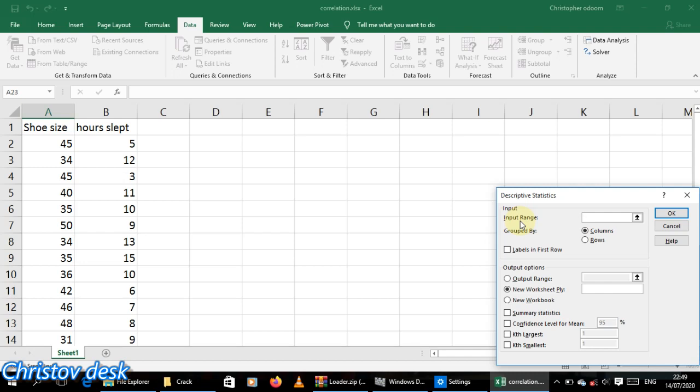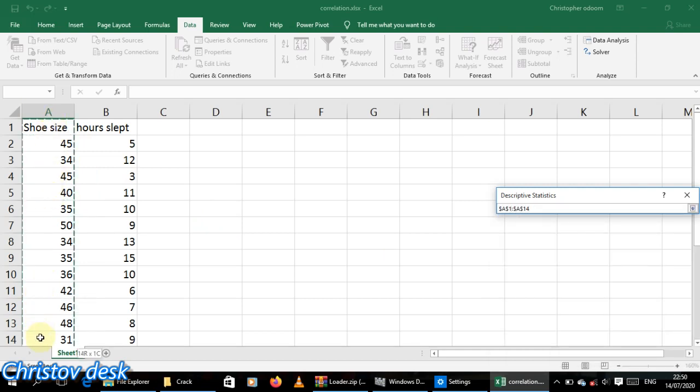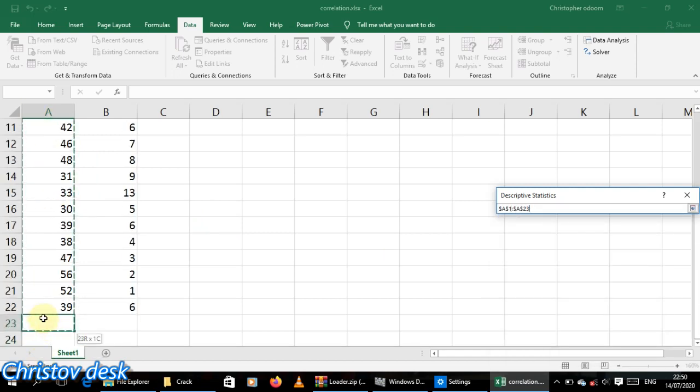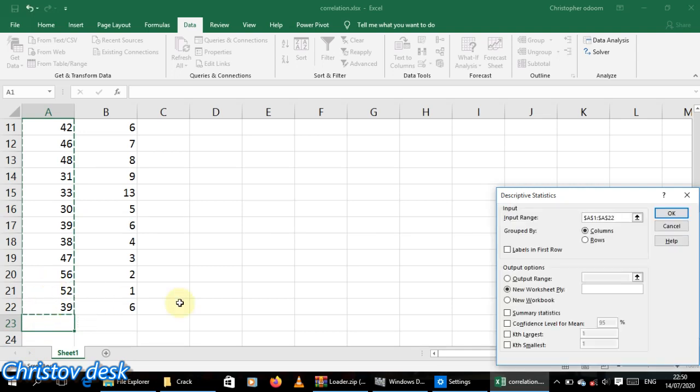Let's say I want to do it on only shoe sizes, so I select the shoe sizes. It asks how to group by, and labels are in my first row.